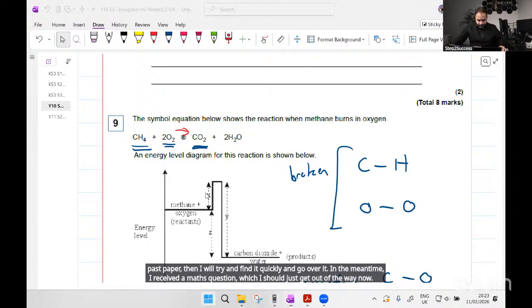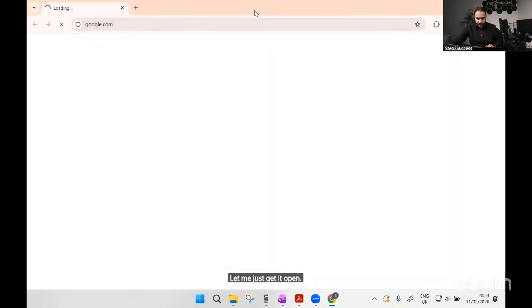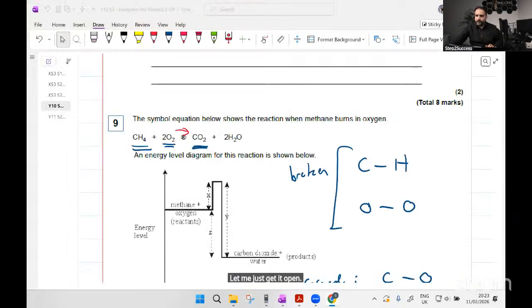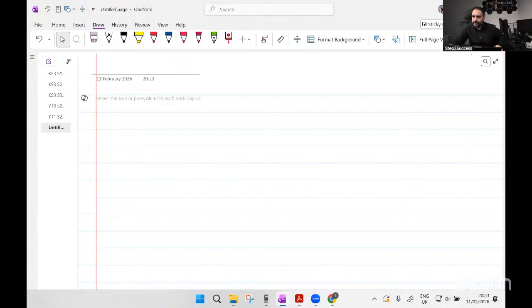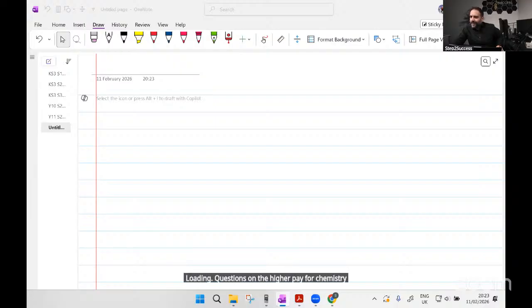Let me just get it open. Loading. Sorry. Question 7 on the higher paper for chemistry, AQA triple, higher paper 2. Yes, I'll come to that in just a moment.